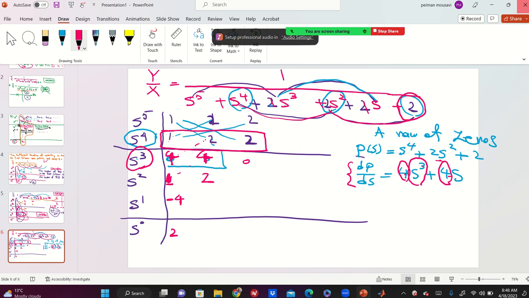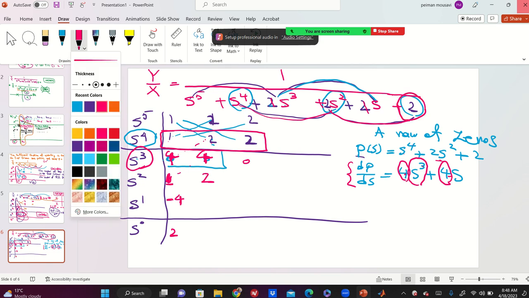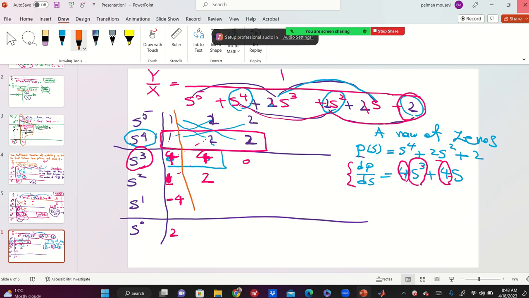Here we go. Everybody understand what I have done? Yes? Now you select the first column. Here we go. All exist. 1, 1, 4, 1, minus 4, 2. All of them are positive?